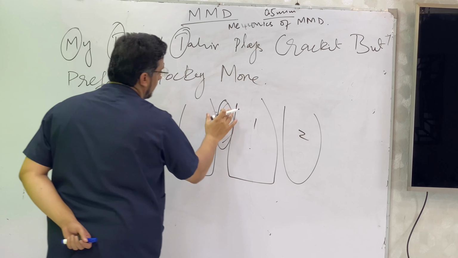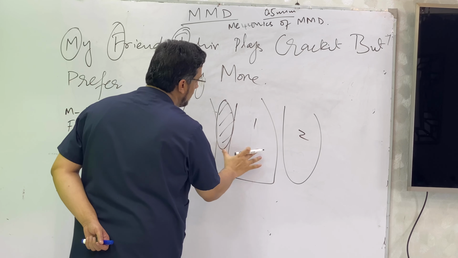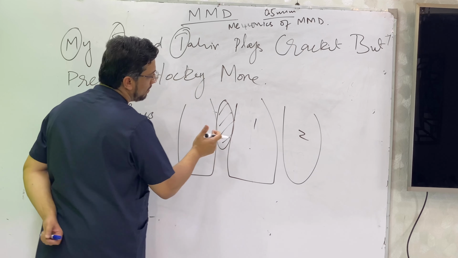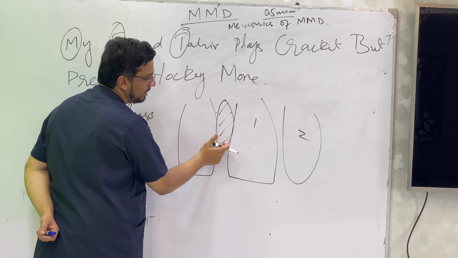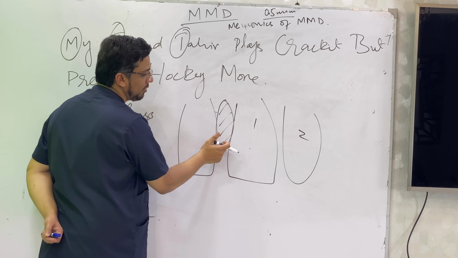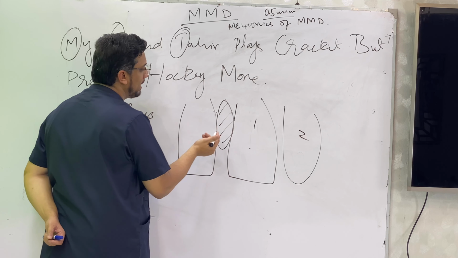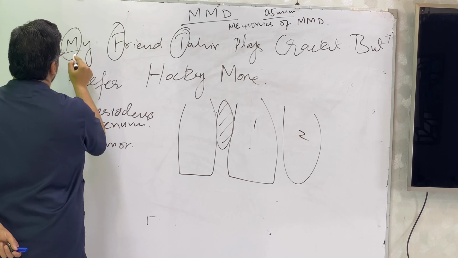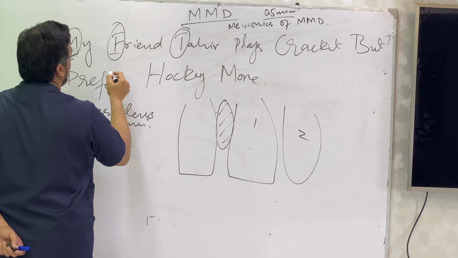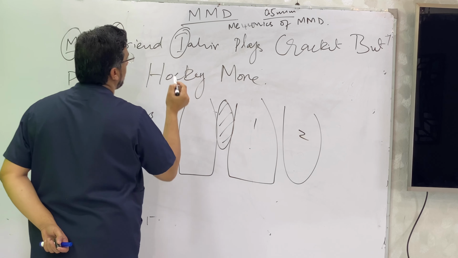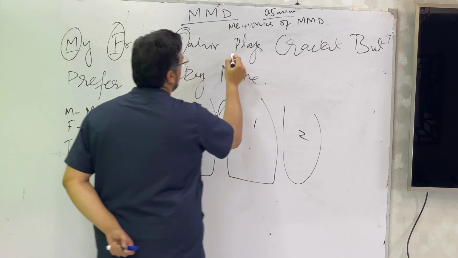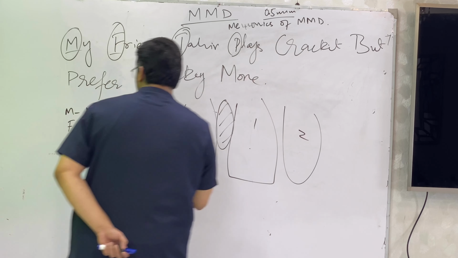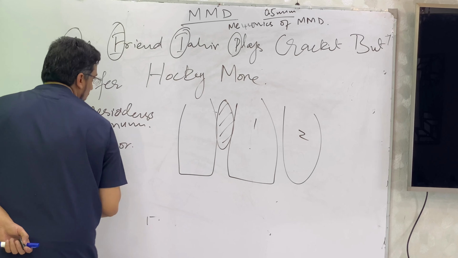What I mean to say is that in the middle of the two central incisors, there could be a frenum, there could be a supernumerary tooth like mesiodens, there could be any pathology like tumor or cyst. So the mnemonic is MFT, my friend Tahir. M stands for mesiodens, F stands for frenum, T stands for tumor. P stands for pathological.